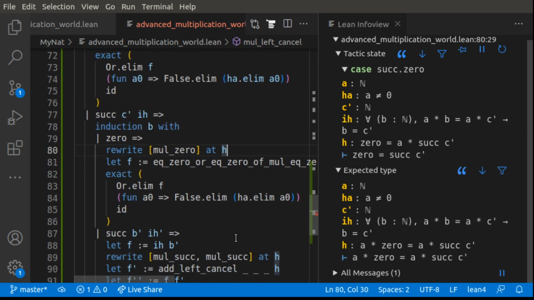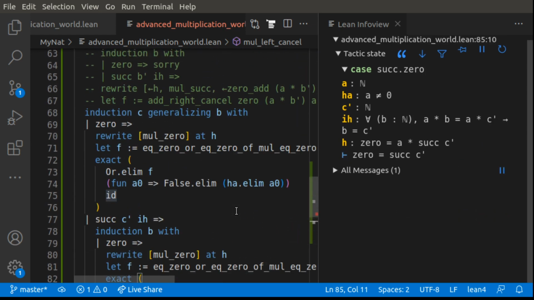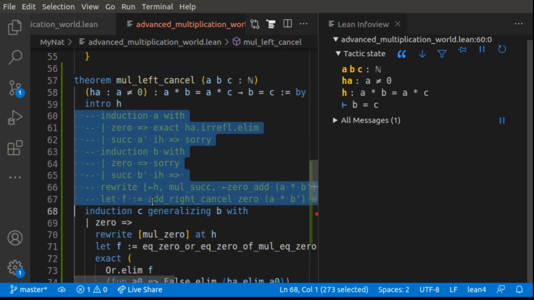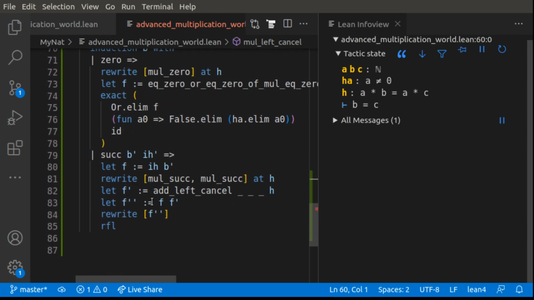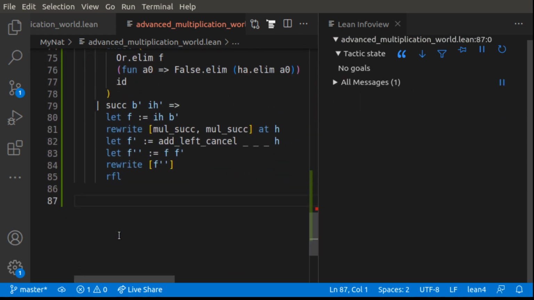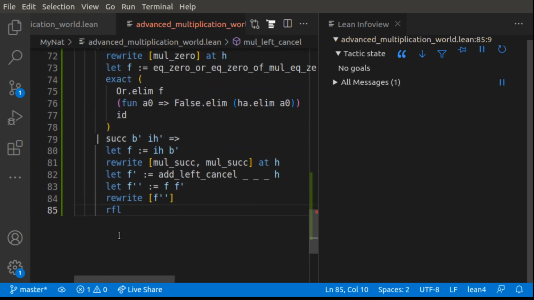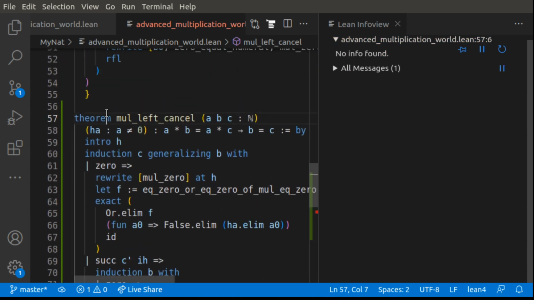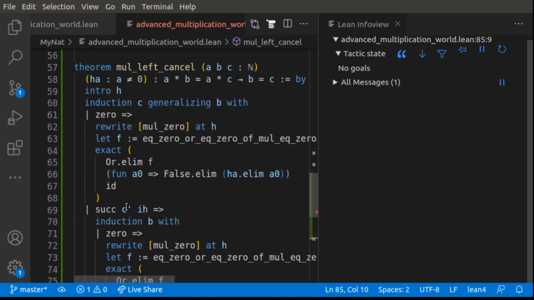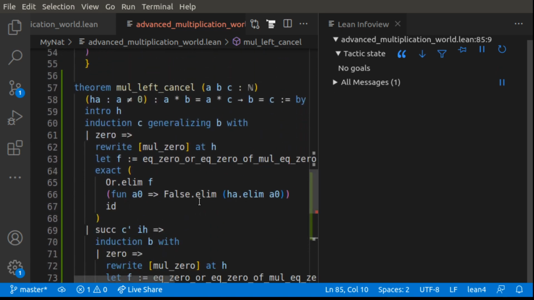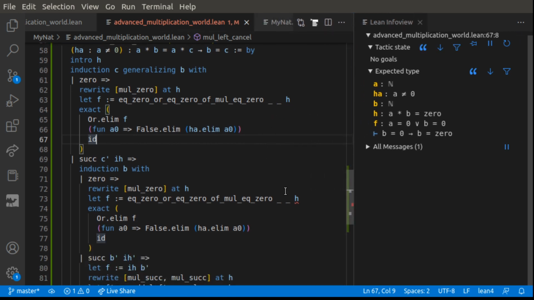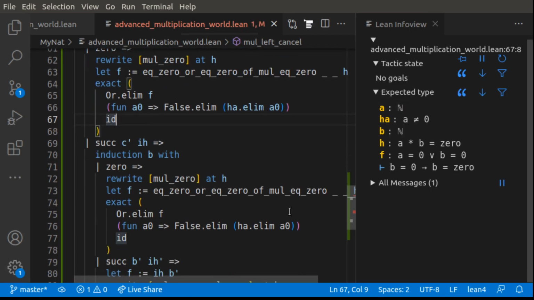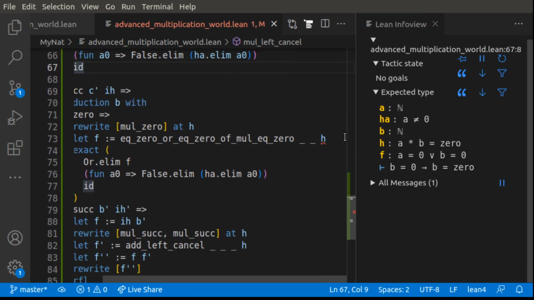Great. And that's, after a lot of work, that was hard, mul left cancel is solved with a very long proof. I think it's going to be one of my longest proofs yet. Let's see, how many lines is that? This goes from line 57 to line 85, nearly a 30-line proof. Let's zoom out so we can see it in all its glory. Oh, wait, no, we have a red squiggly line here. Uh-oh. Let's zoom back in and fix that. That is not quite right.